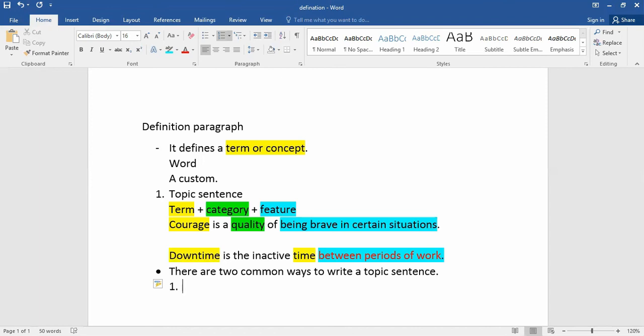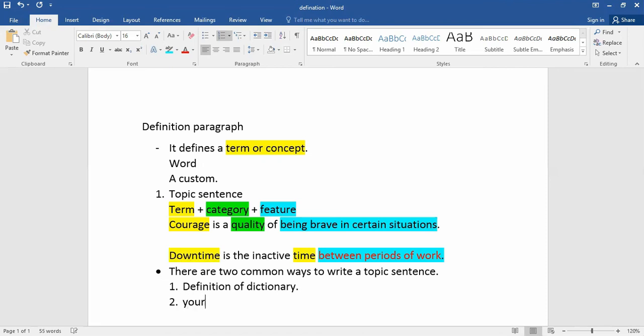The first way is, if you want to define a term, the dictionary definition.